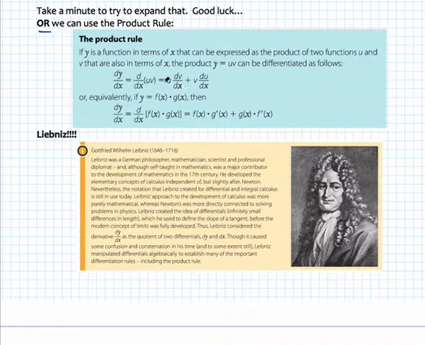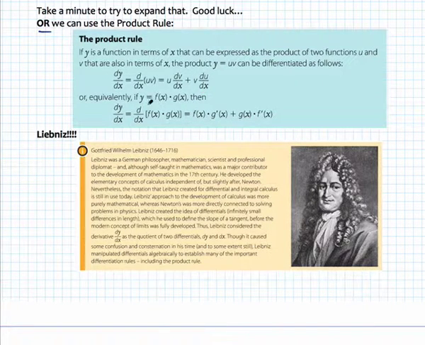That's going to be equal, this is the product rule, the function u times the derivative dv dx, the derivative of the function v with respect to x, plus the function v times the derivative of the function u. So it's actually kind of an interesting symmetrical looking formula and easy to remember.